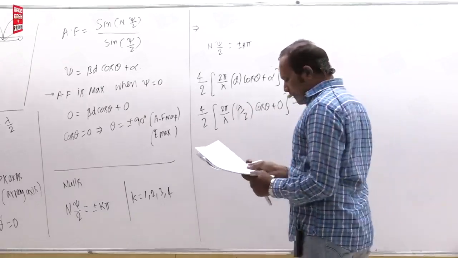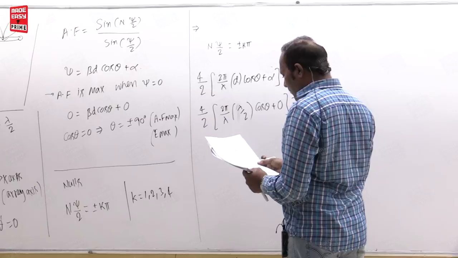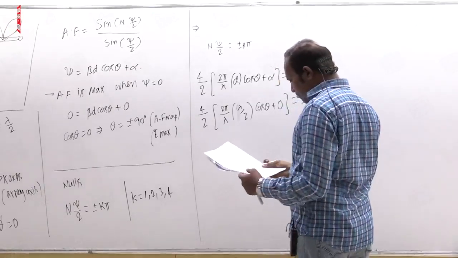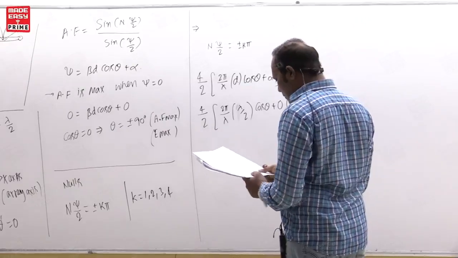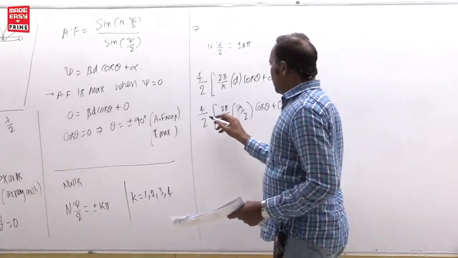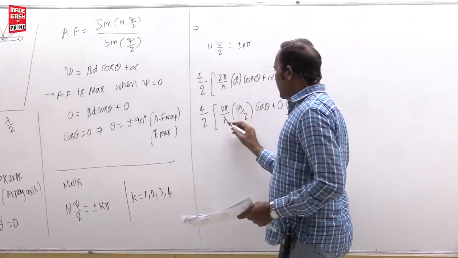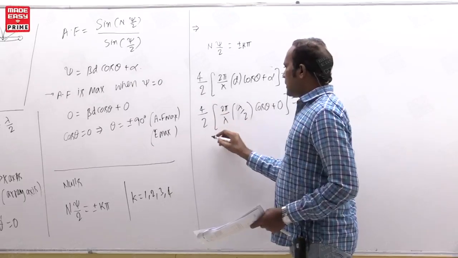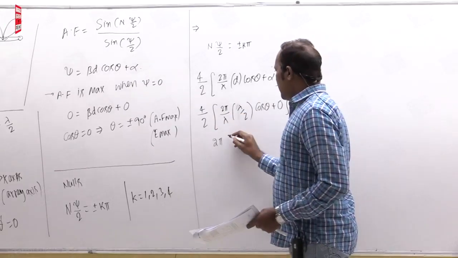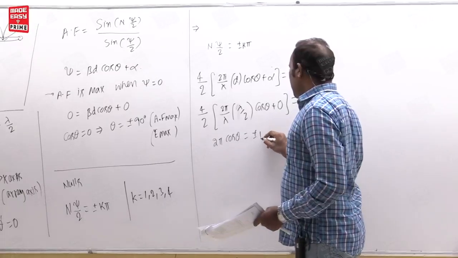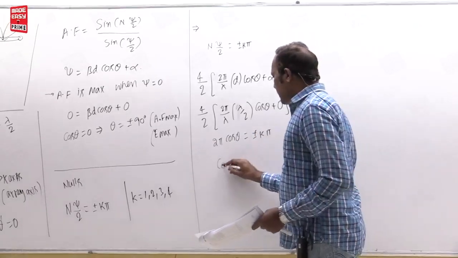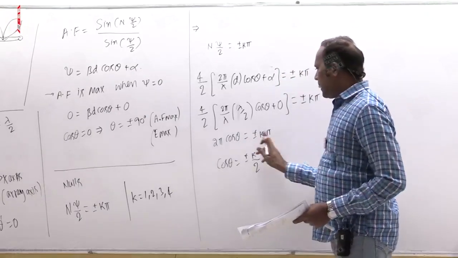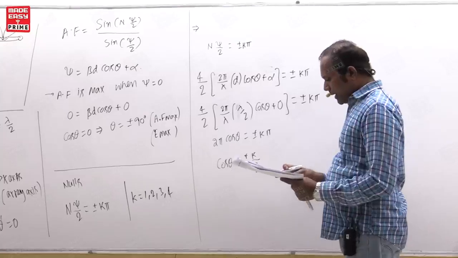The 2 cancels, and pi cancels. Cos theta is equal to plus or minus k by 2. Am I right? Cos theta is equal to plus or minus k by 2.